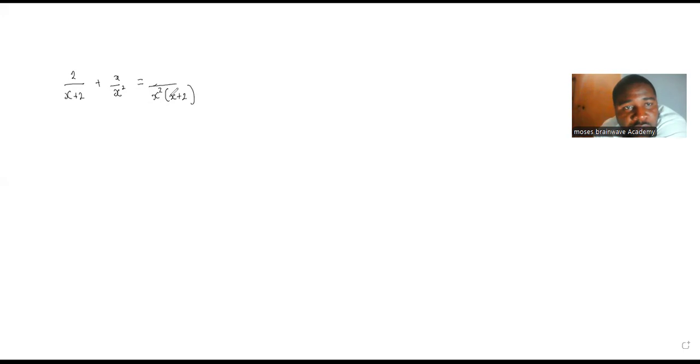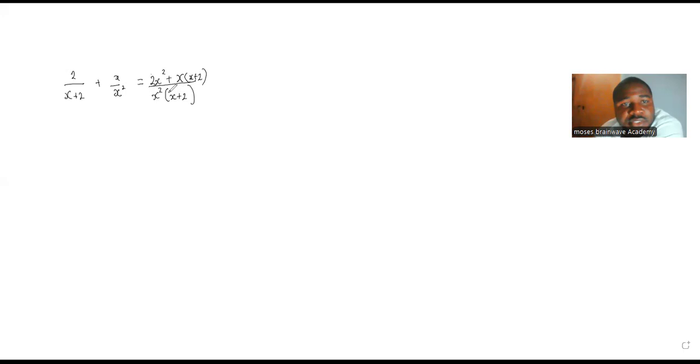Then when this goes into this particular LCM, you'll be left with x squared multiplied by 2, which is 2x squared. Similarly, for the addition over here, x squared into this gives x plus 2, multiplied by x, we'll have x into x plus 2.